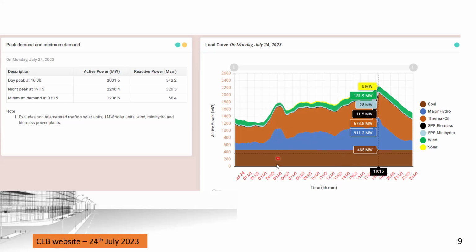This is the morning peak, you can see between 5 a.m. and about 6:30. And then there's an evening peak, after people come home and consume energy. So that is how they maintain it. We call this an energy mix.